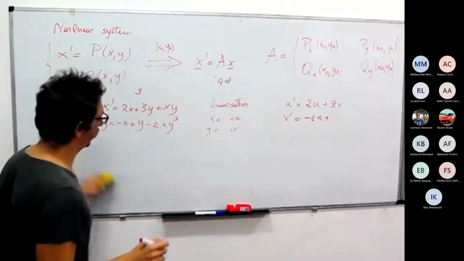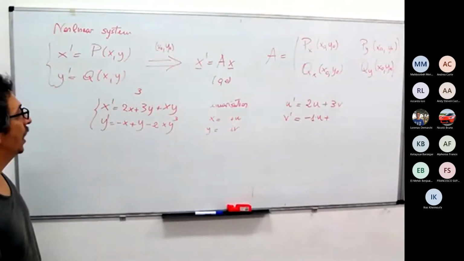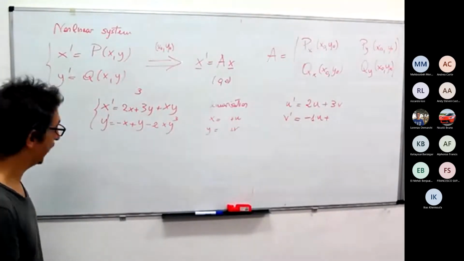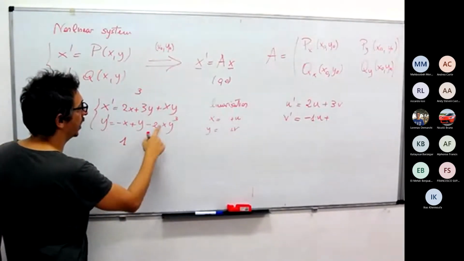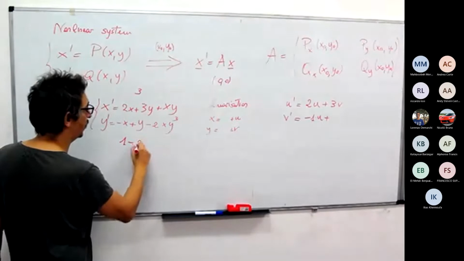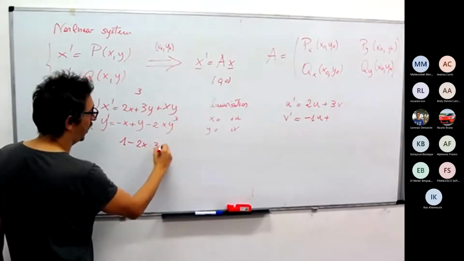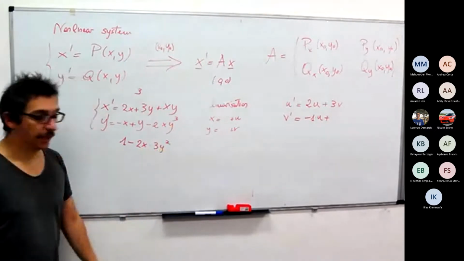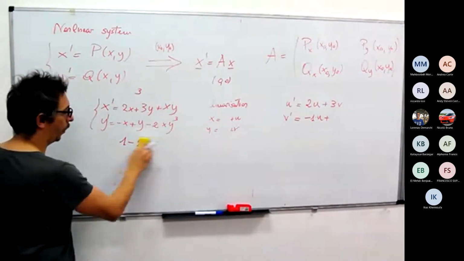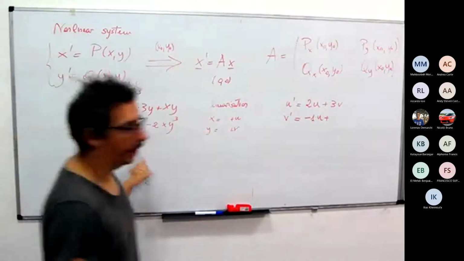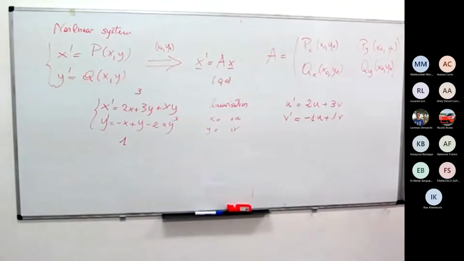And finally, I have to evaluate the derivative of this with respect to y. So this gives me 1 minus 3xy squared. But I have to evaluate this in 0, 0, so this thing is equal to 0. I just have 1 times v.